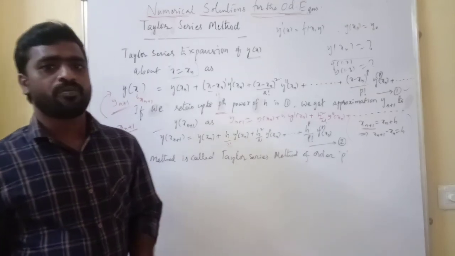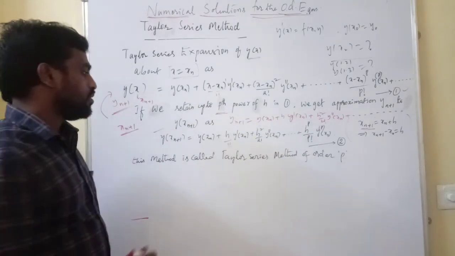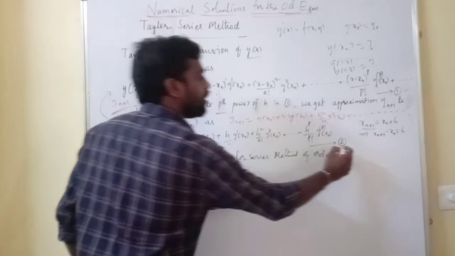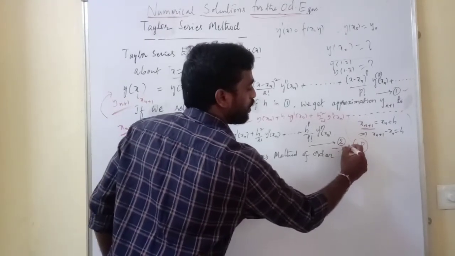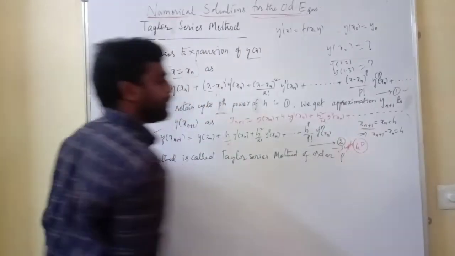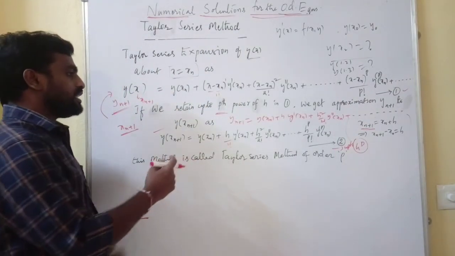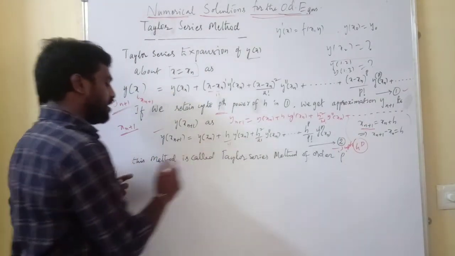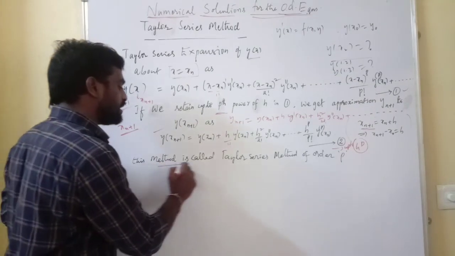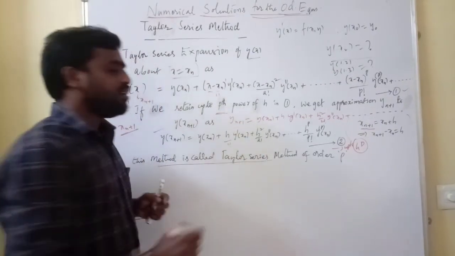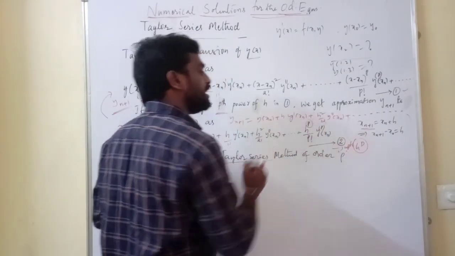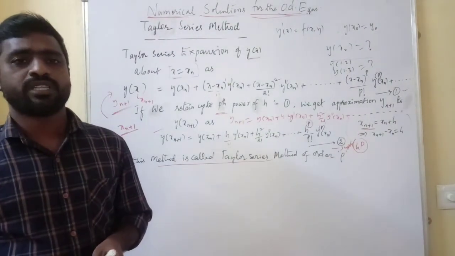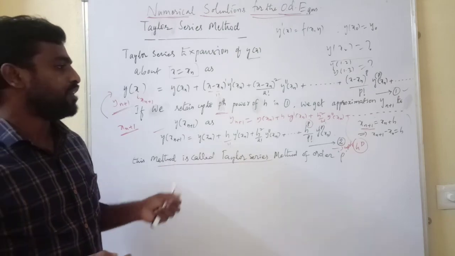This is the series expansion up to h power p. This method is called the Taylor series method of order p, where p indicates the order. You can simply note the equation.